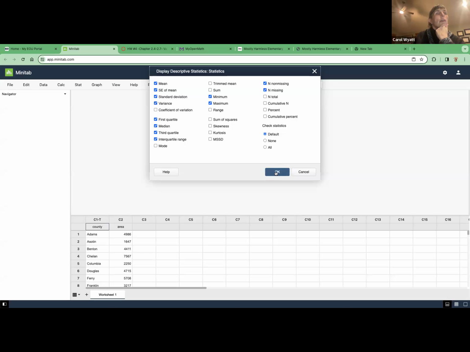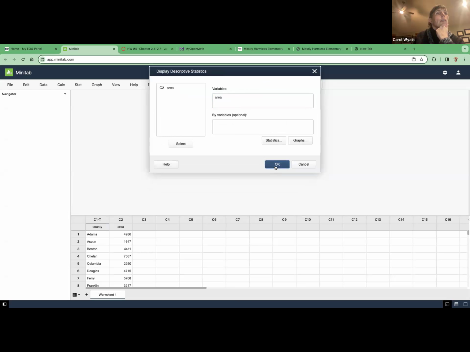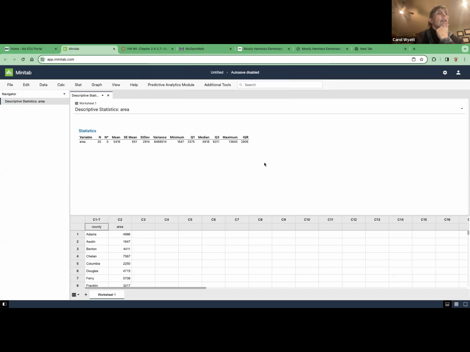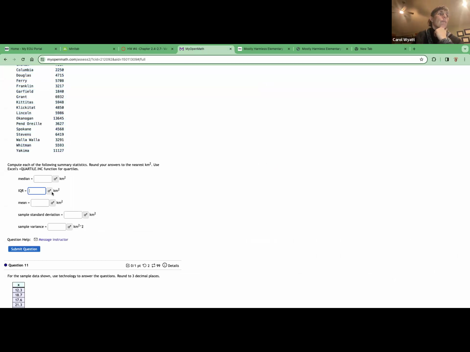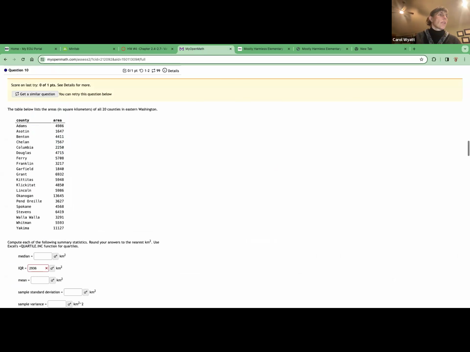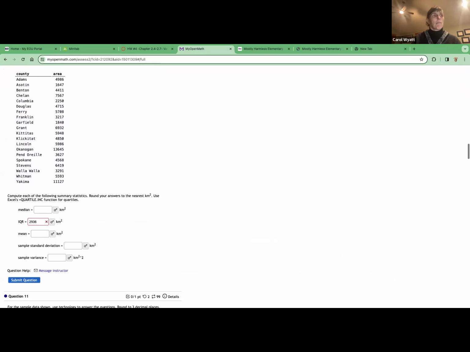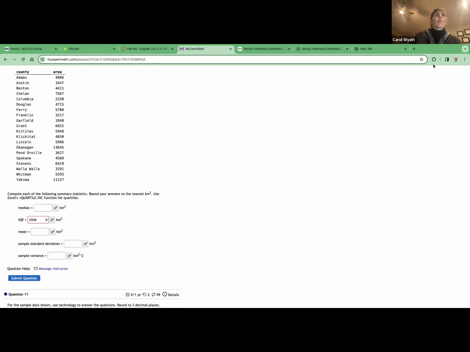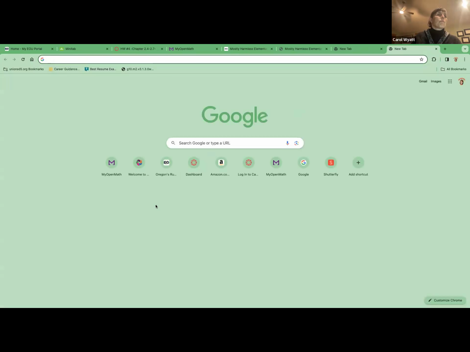And I think that will be okay. Let's hit OK. And there we have it. According to this, the IQR is 2936. It's not right.